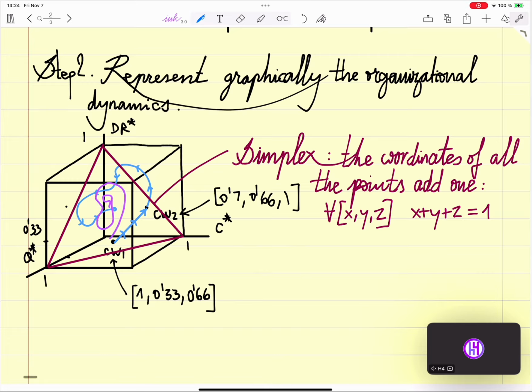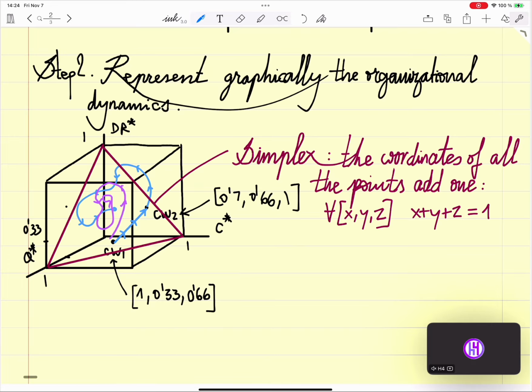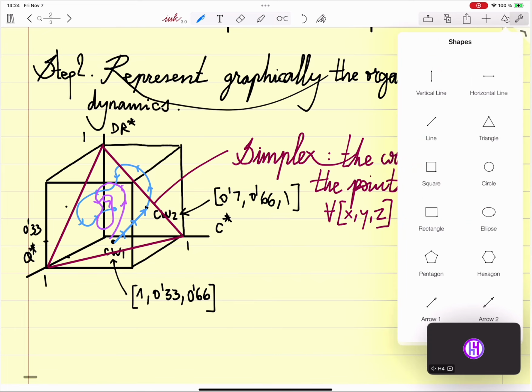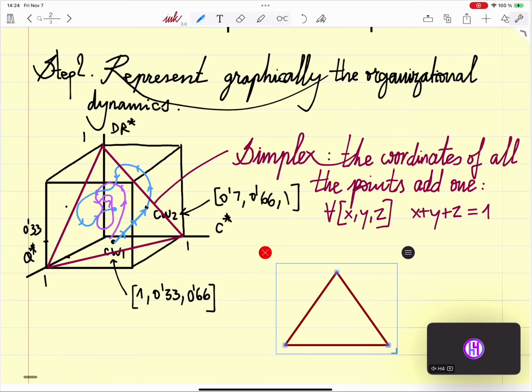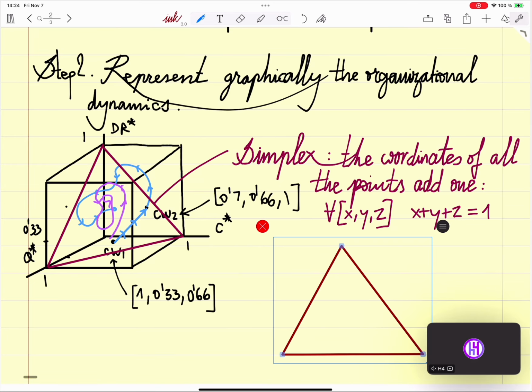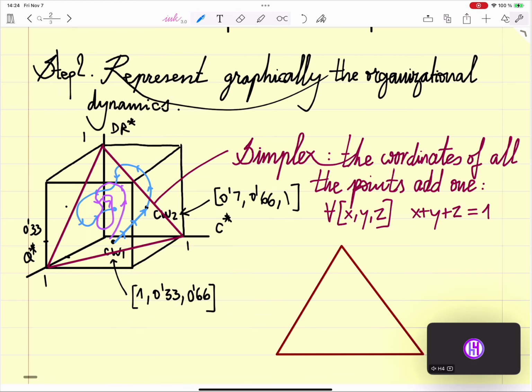Okay, we will get a two-dimensional representation, and what we do is represent our triangle like this, and then we represent our curve, the organizational dynamics, like this, just in 2D.